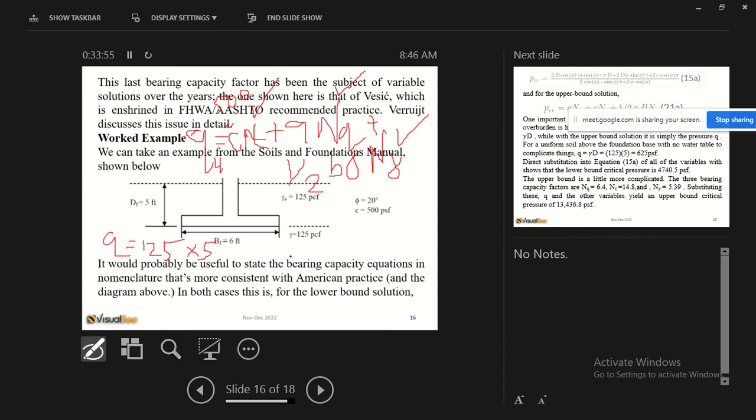Isn't it? Yes, sir. And then the B here is 6. Gamma is 125, and gamma you will have calculated.